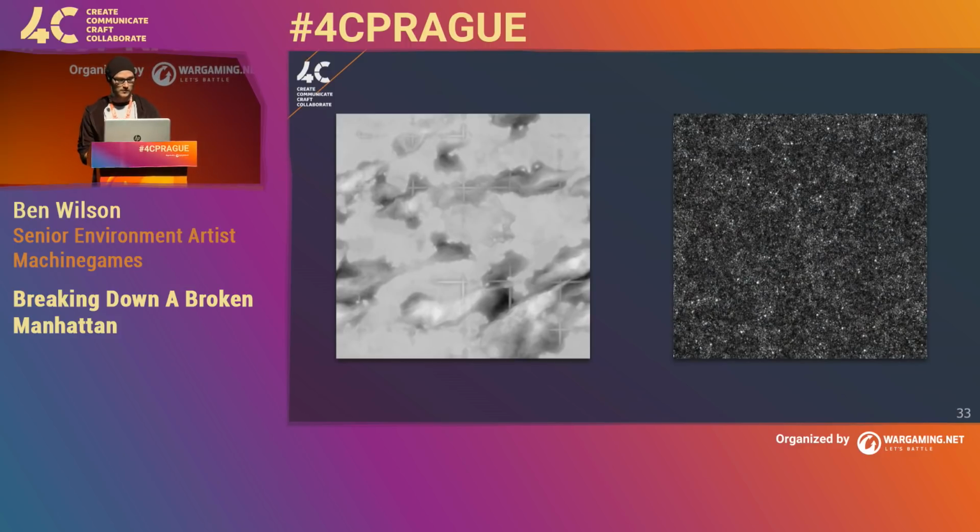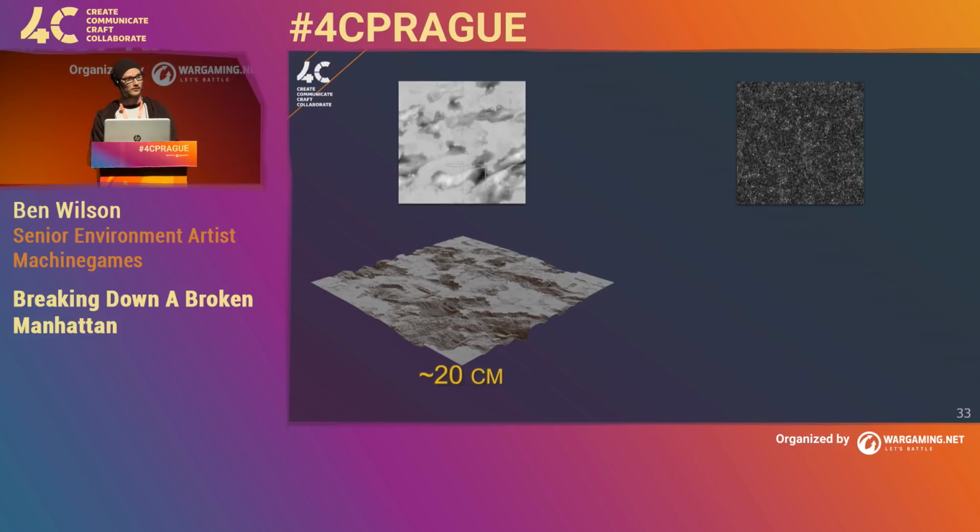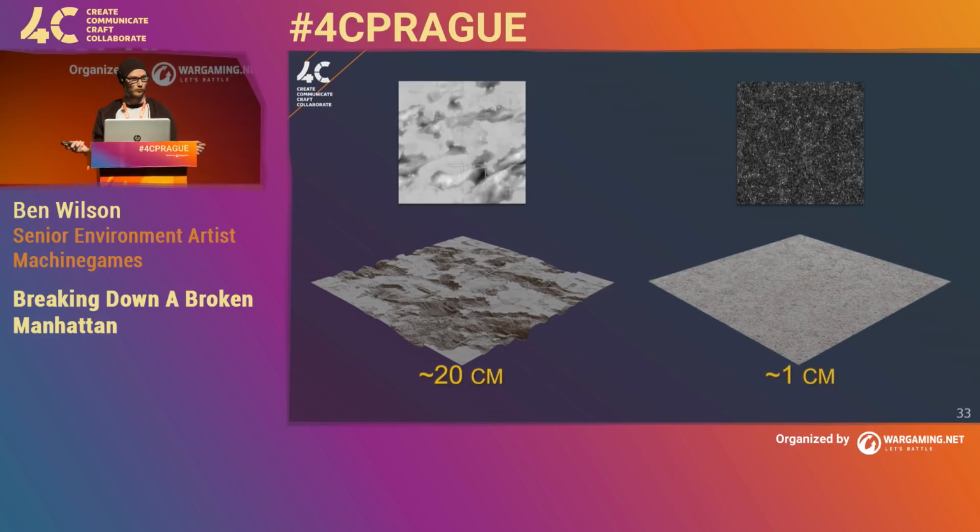So let's discuss these two height maps. Say you have this broken concrete and this dust material, and their height maps look like this. Now, notice that both the height maps are using the full range of black and whites. This is usually good. You're maximizing the range available in the texture after all. The problem is that this concrete height data represents something like 20 centimeters worth of depth, while the dust is only like 1 centimeter or something.